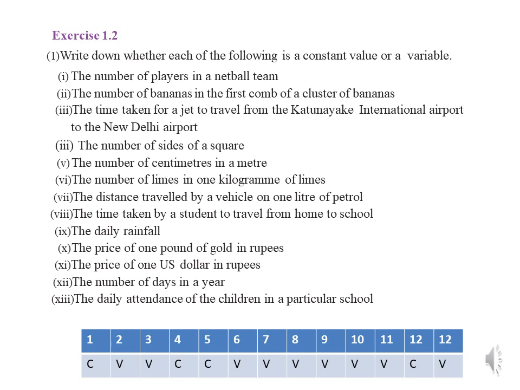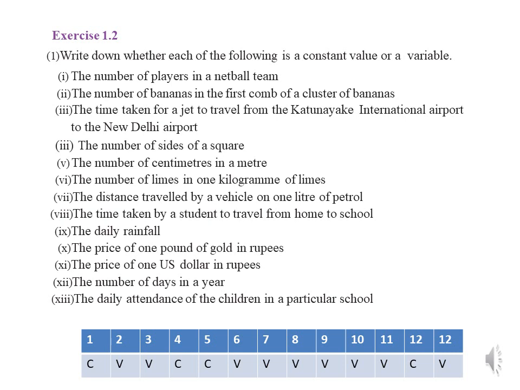The number of bananas in the first comb of a cluster of bananas. This is variable. Third one, the time taken for a jet to travel from the Katunayake International Airport to the New Delhi Airport. Still variable.